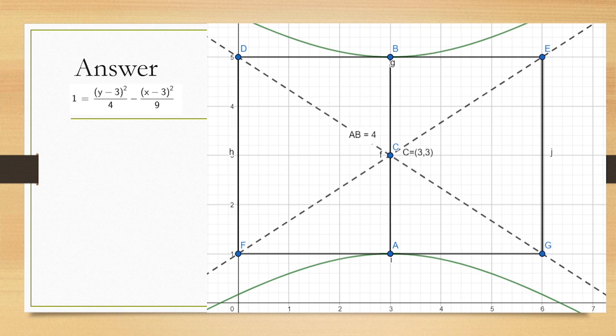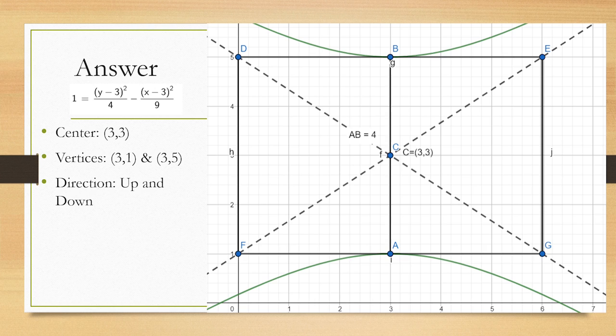So if you were paying attention during the video, you managed to find the center, which was 3 and 3, and the vertices, which were 3 and 1 and 3 and 5. Those vertices were 2 units away from the center, as you could tell by the square root of the denominator of the y. As we were dealing with a y minus x equation, the directions were up and down.